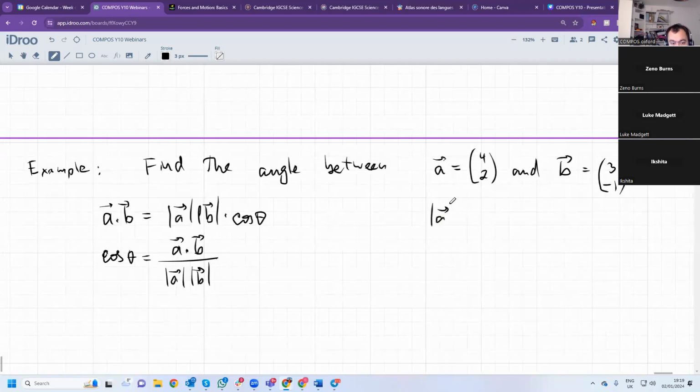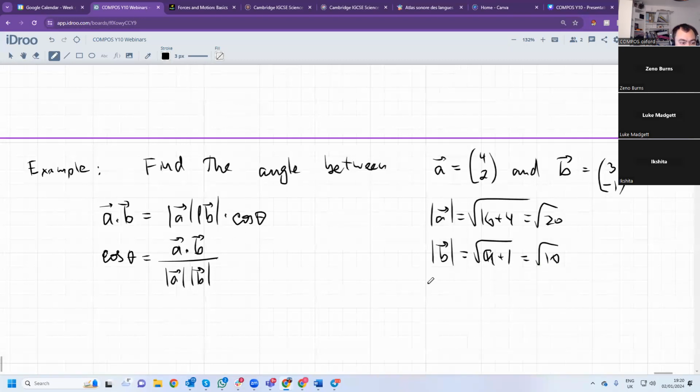So you can find the modulus of A, which is the square root of 16 plus 4, which is the square root of 20. Modulus B is the square root of 9 plus 1, which is the square root of 10. And A times B is (4, 2) times (3, -1), which is 12 minus 2, which is 10.